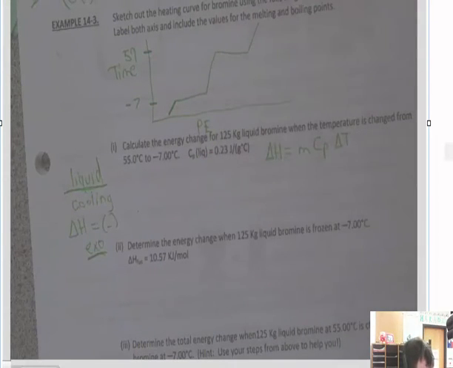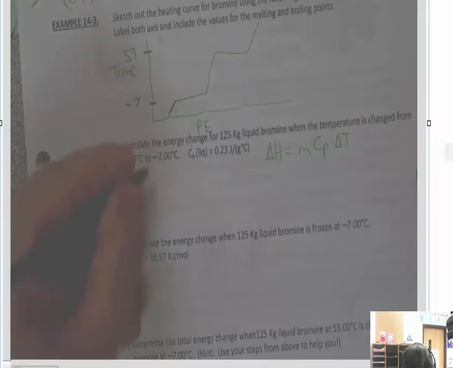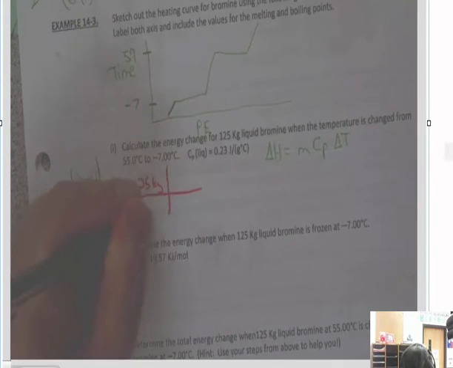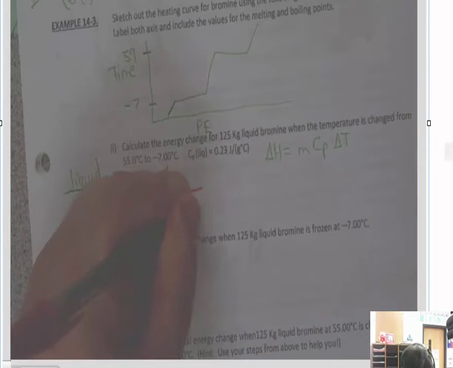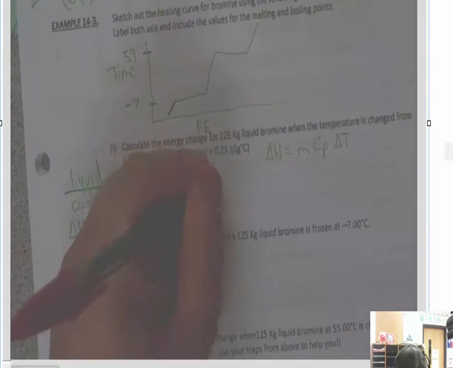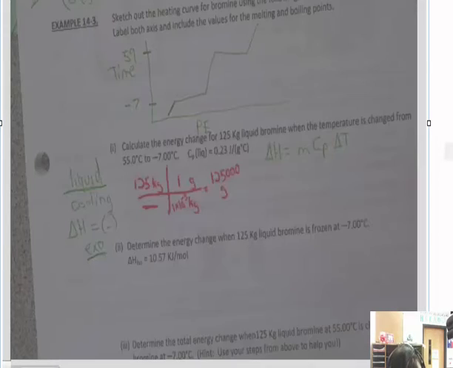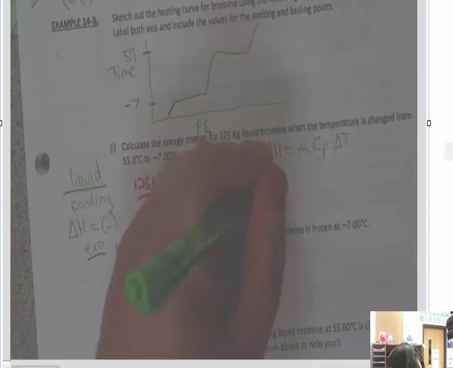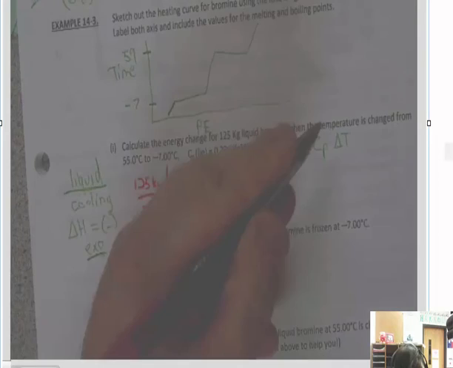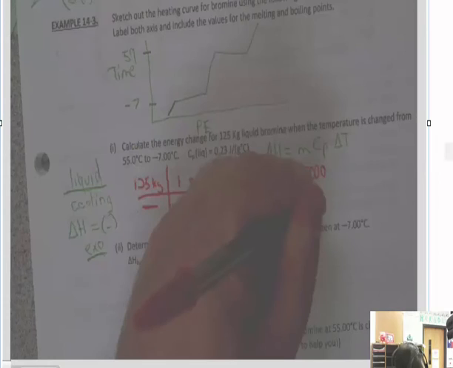Again, I'm going to convert my 125 kilograms to grams. Kilograms on the bottom, grams on the top, 1 times 10 to the -3rd. 125,000 grams. Delta H equals 125,000 grams.